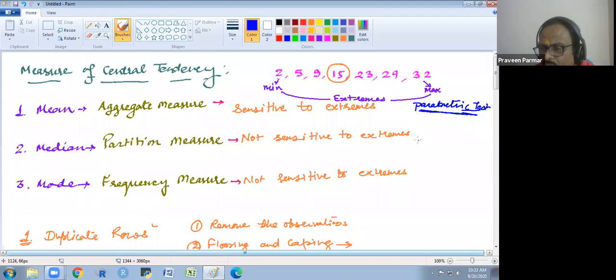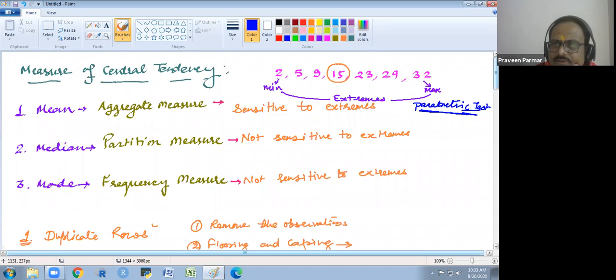But non-parametric tests, which are based on the group median, will not change if you adjust the outliers, because the median is not sensitive to extremes. Is it clear now? Why am I asking about all these things?